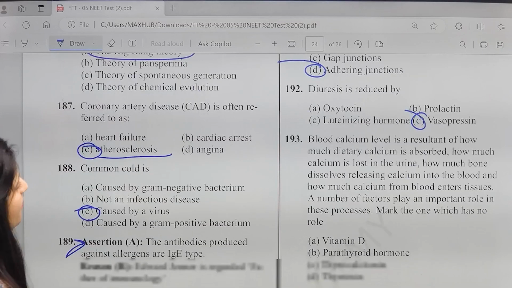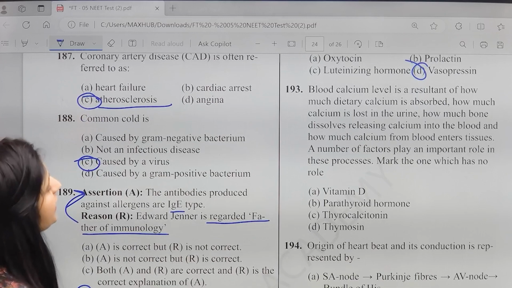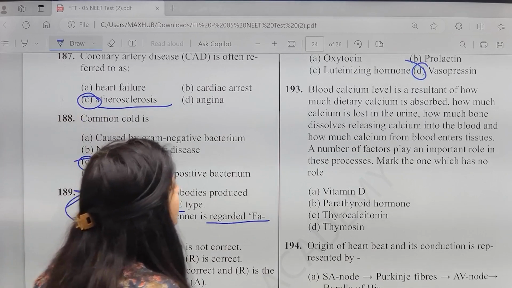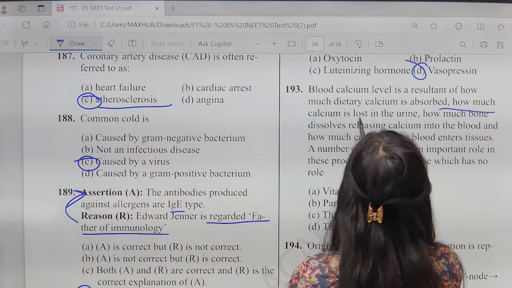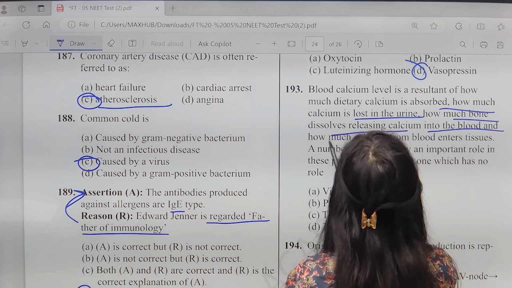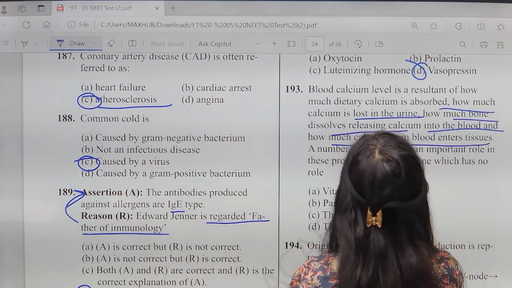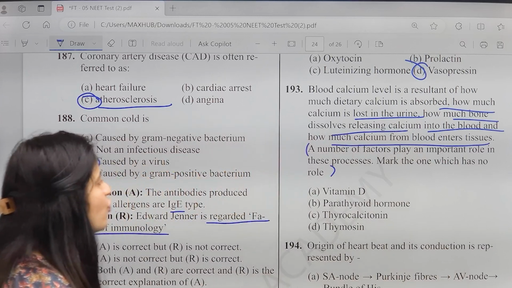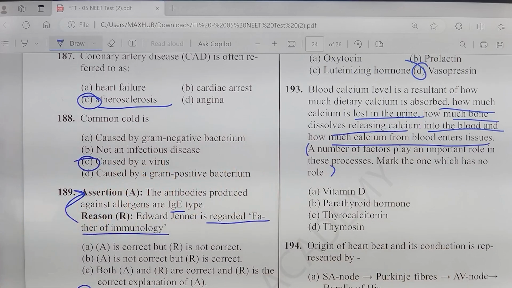The next is: the blood calcium level is a resultant of how much dietary calcium is absorbed, how much calcium is lost in urine, how much bone dissolves releasing calcium into the blood, and how much calcium from the blood enters tissue. A number of factors play an important role in this process. Mark the one which has no role.